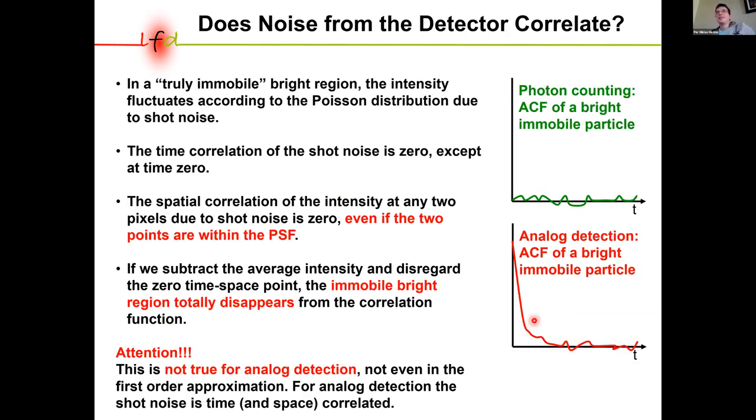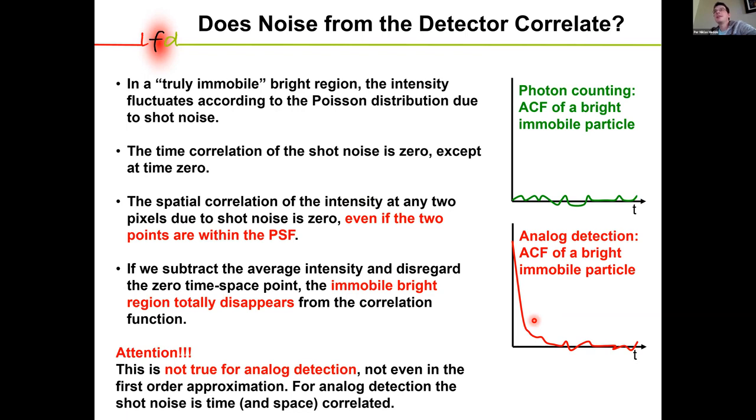Well, first, a few considerations. If there's a truly immobile bright region, the intensity fluctuates according to the Poisson distribution due to shot noise. You just have molecules that are sitting there, you excite them, they emit photons, which are single particles, and so you can assume a Poissonian distribution.